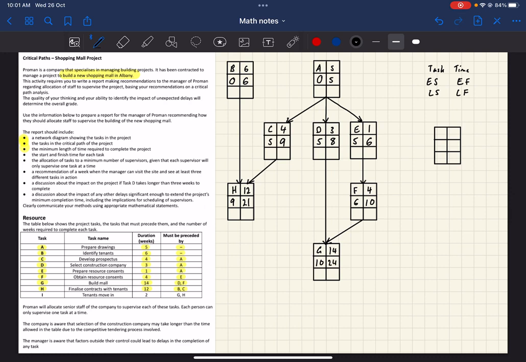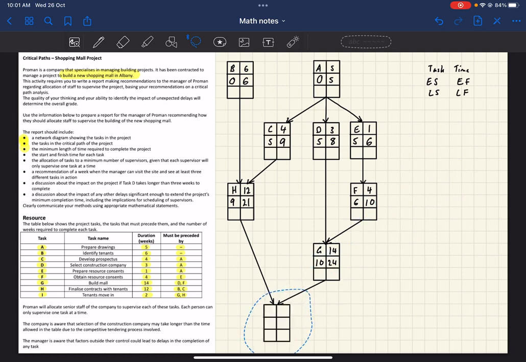Okay. Now that we've done all of those, we've got our last one, which is I, which comes after G and H, and it takes 2 weeks. I'll just move this over here for my final one.